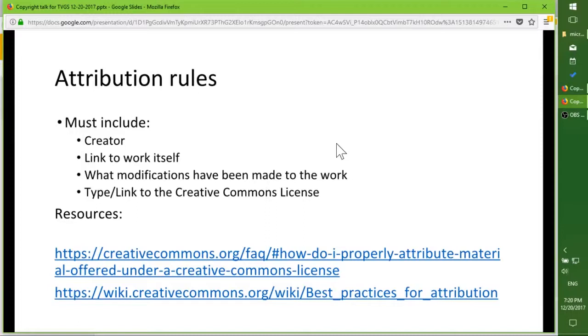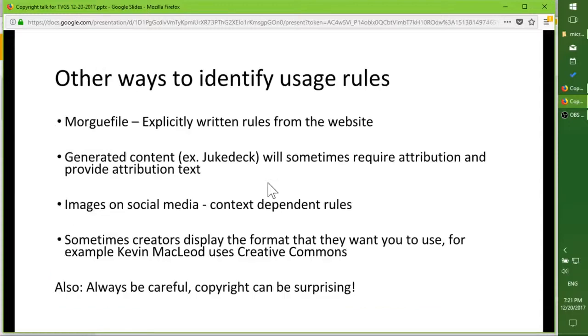If you made it look terrible, it's not their fault. You also want to include the type of Creative Commons license and link to it, so they can check it out themselves.